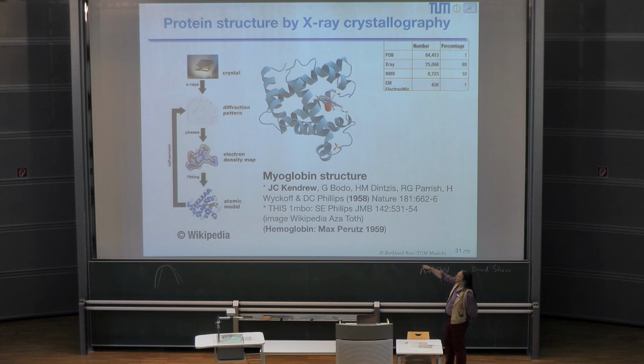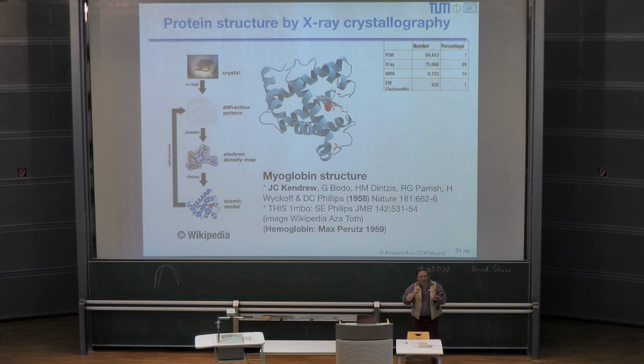So the diffraction pattern, then you get an electron density map. Now here we are in this situation where we actually have some, let's call it model building. An electron density map is a probability distribution. And now you have to trace the chain, the protein, into that electron density map. In electron density, you do not see residues.